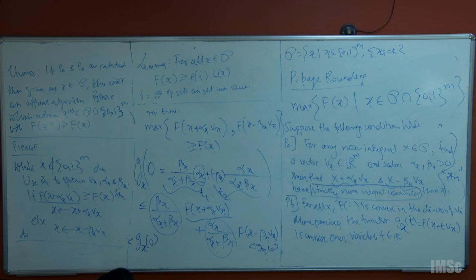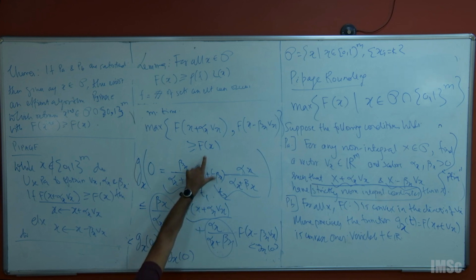Then I am not getting that this is less than gx of 0, which is a contradiction, because gx of 0 is at most this, and you are saying this is less than that. This is not possible, which implies that gx of 0 is at most at least one of these two quantities.